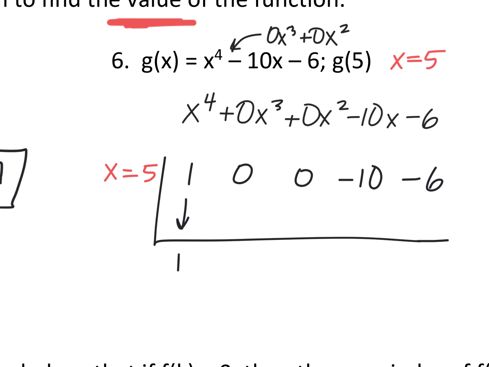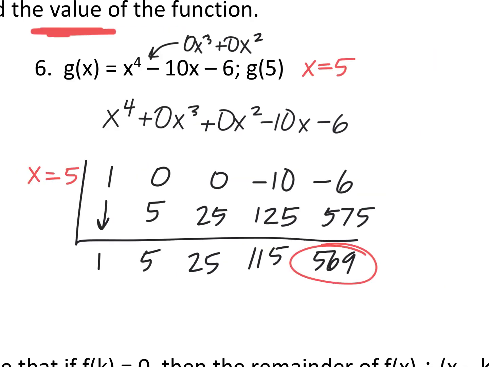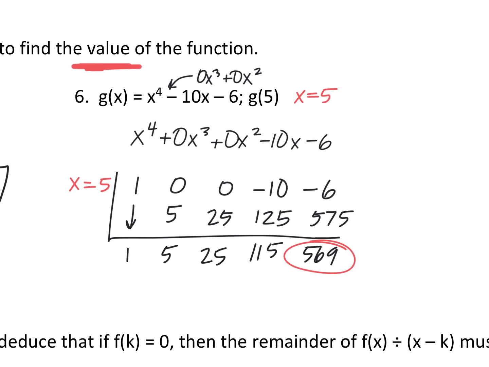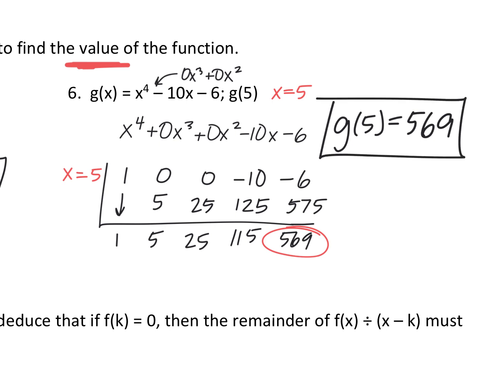Hold on. When you go to write your final answer, we should say that g of 5 is equal to 569. If I take 5 and I plug it into that polynomial, I should get 569.